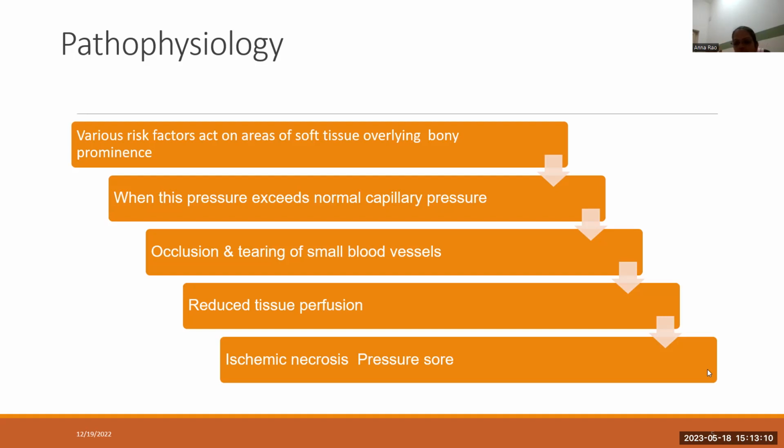Because of that, the capillaries are bound to get damaged. At these regions, the pressure will exceed the normal capillary pressure. And because of that, the capillaries will get occluded or they can tear off. The local tissues will not get adequate blood circulation, and because of that, there will be necrosis of the tissue. So that is what we call the pressure sore.